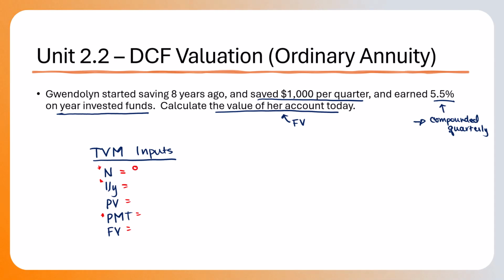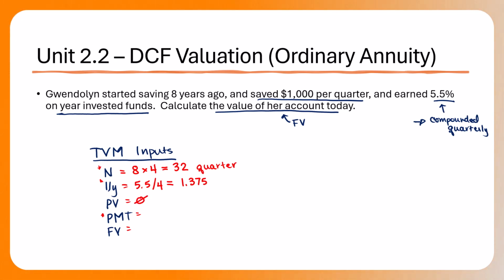So the first adjustment is we're going to take the 8 years, multiply it by 4 quarters per year, and we're going to see that in total we have 32 quarters that Miss Gwendolyn was investing. Additionally, we're going to take that 5.5 interest rate, divide it by 4 to convert it to a quarterly rate, and it will now be 1.375% per quarter.